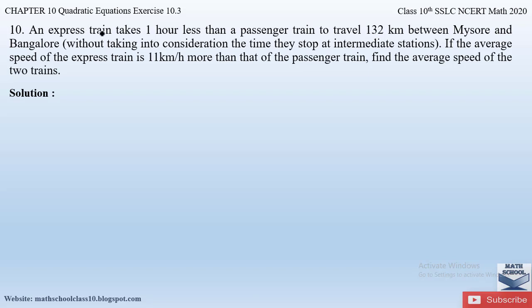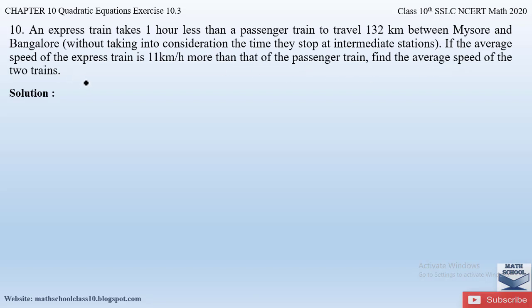The express train takes 1 hour less than the passenger train to cover 132 kilometers, and we have to find the average speed of both trains. They are saying that the speed of the express train is 11 kilometers per hour more than the passenger train.